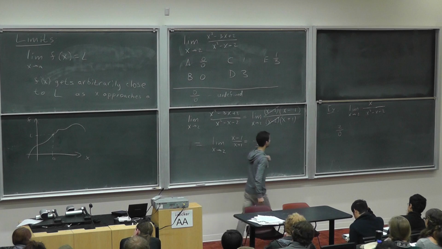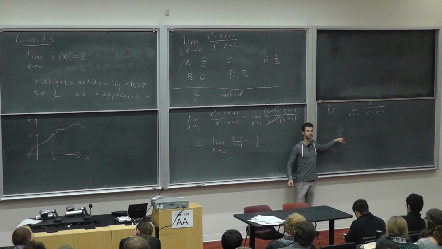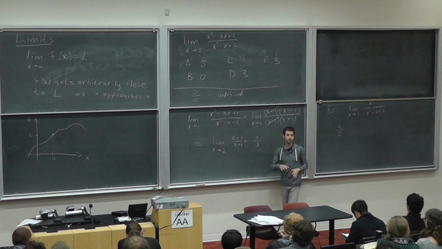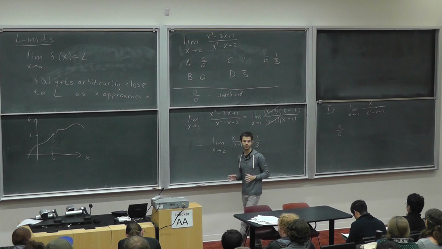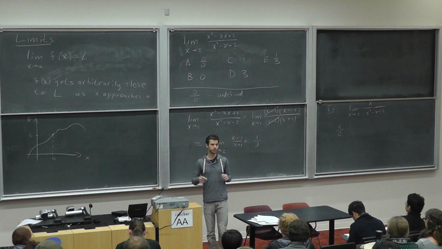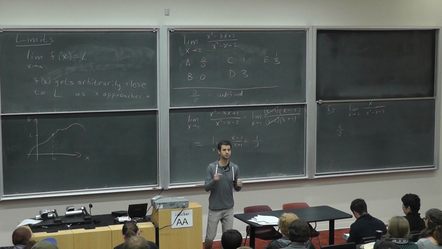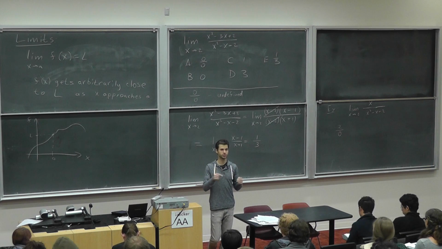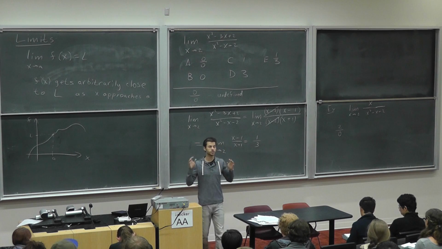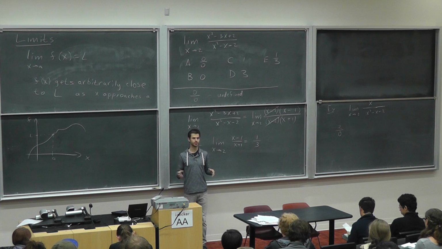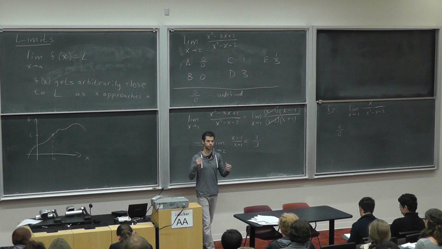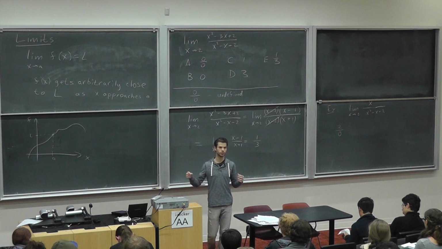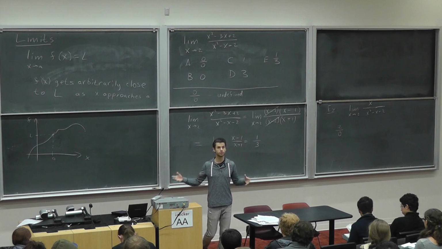Also, I told you the denominator is close to 0. I didn't tell you whether it's positive or negative. It doesn't matter. Even if you divide 2 by a negative small number, think about minus 0.001, you are still going to get huge numbers, but now they will be negative. So 2 divided by minus 0.001 is minus 2000.